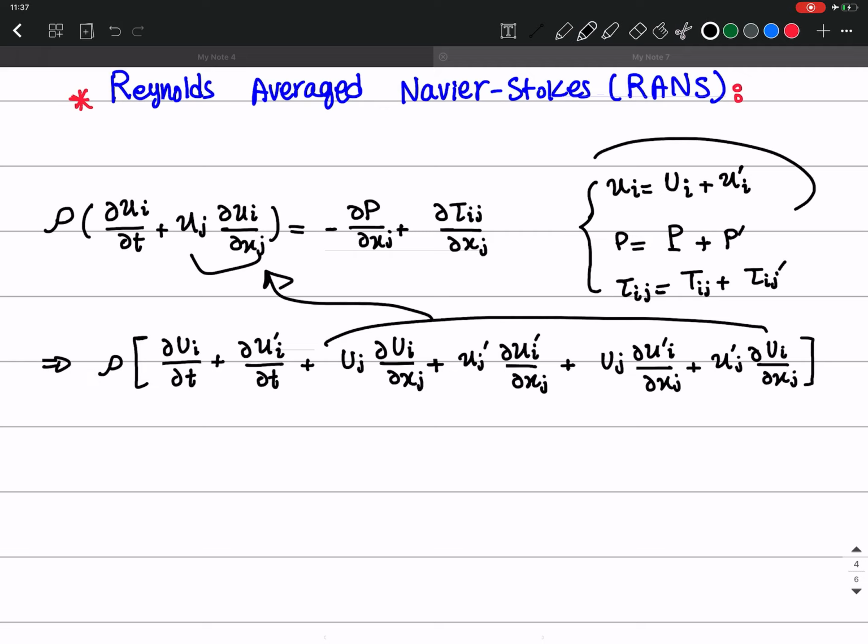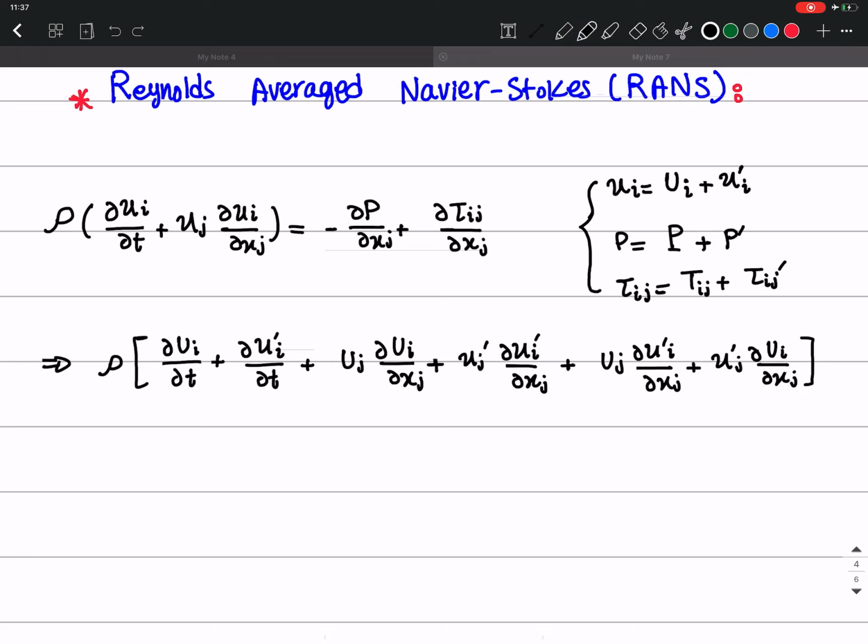If you just use this decomposition, I just expanded them here. This equals the right hand side, which is going to be minus partial capital P over partial xj minus partial P prime over partial xj plus partial tau ij over partial xj plus partial tau ij prime over partial xj.